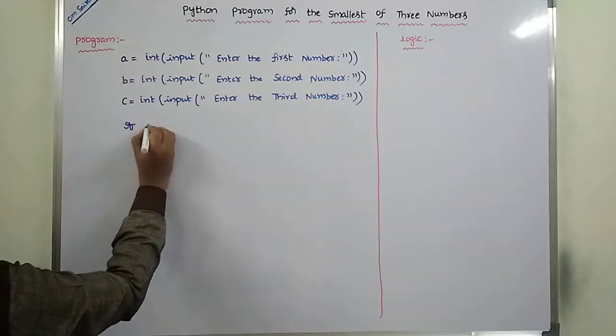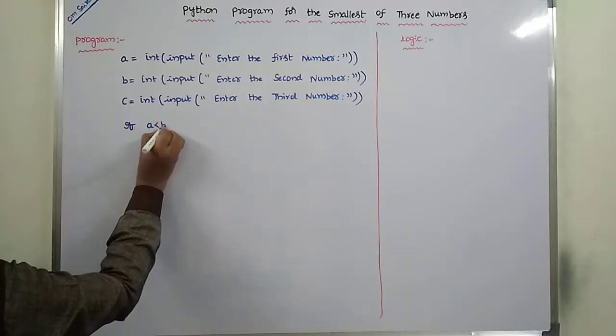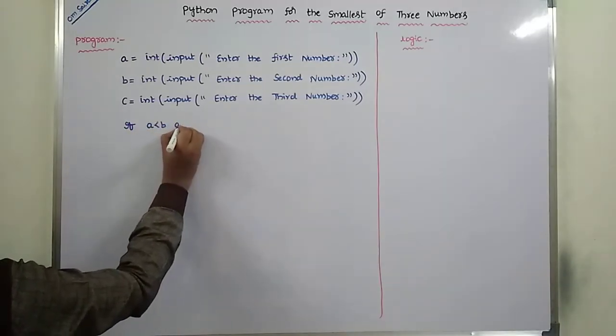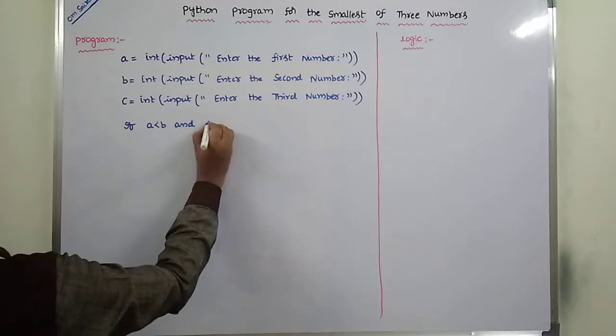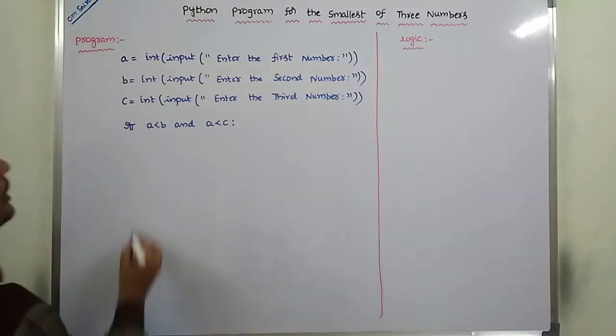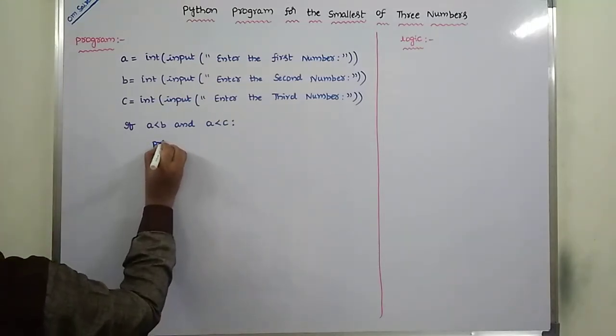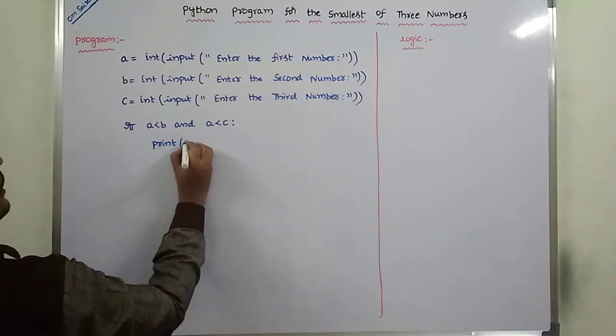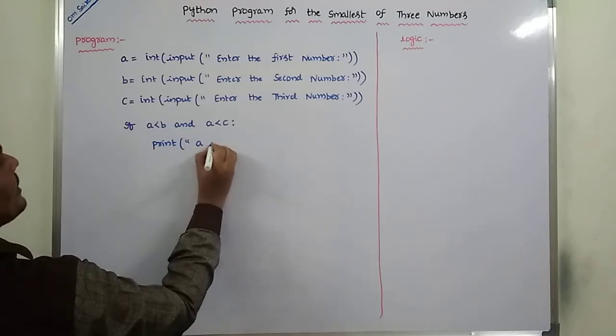If a less than b and a less than c, colon, print "a is smaller".